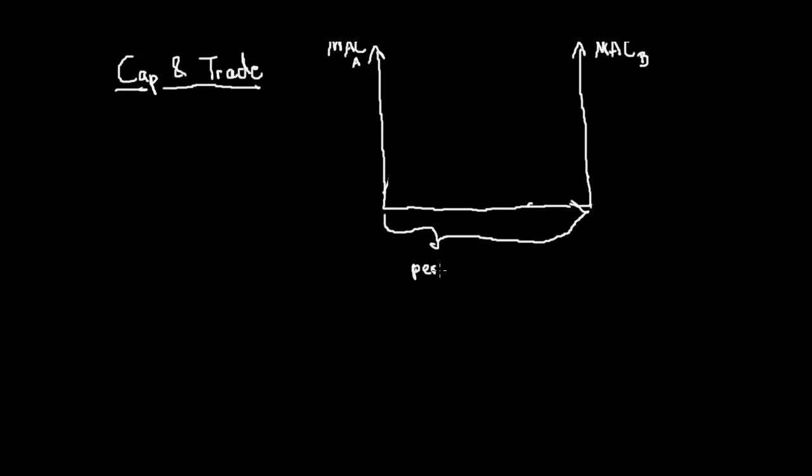The government caps emissions by issuing permits, and that is a limited number of permits. And so we still have two polluters in the system.